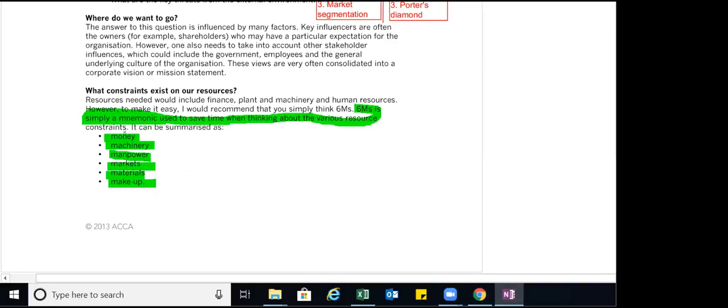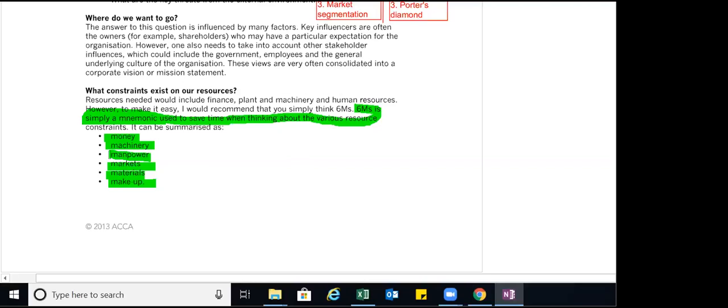These are the resources that an organization requires. Organization needs money, obviously. Organization needs finances. Financial capability or financial resources are required in order to excel. Particularly in manufacturing concerns, even in service organizations, certain types of plant and machinery and equipment is required to produce goods or to render services.